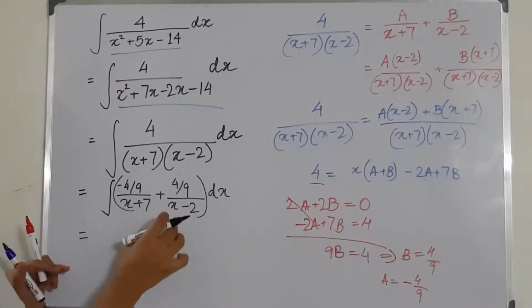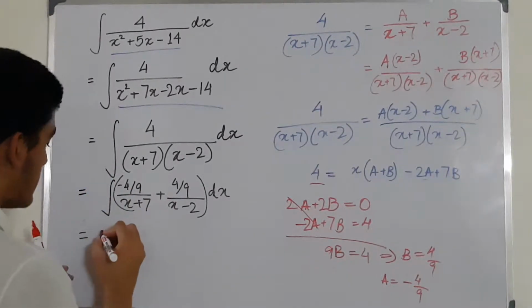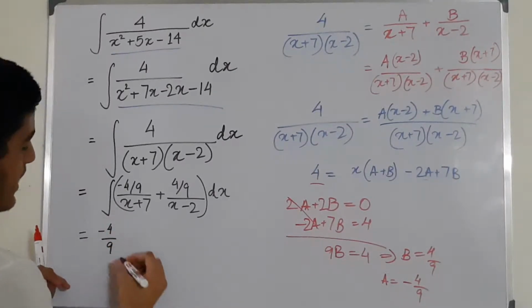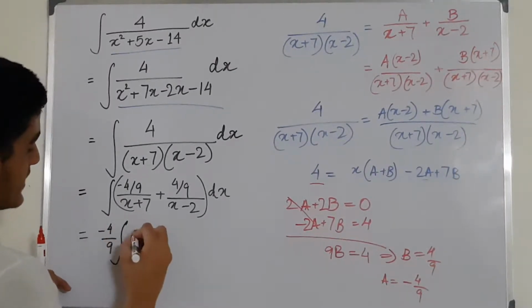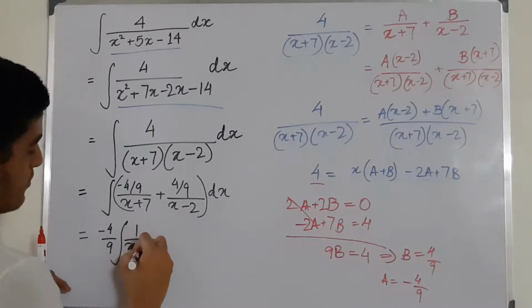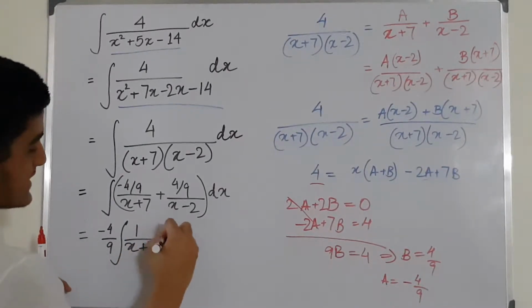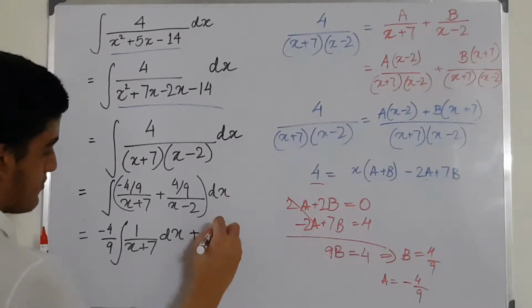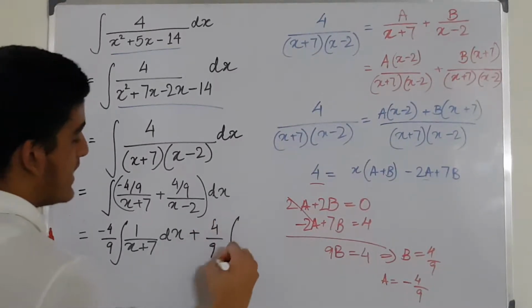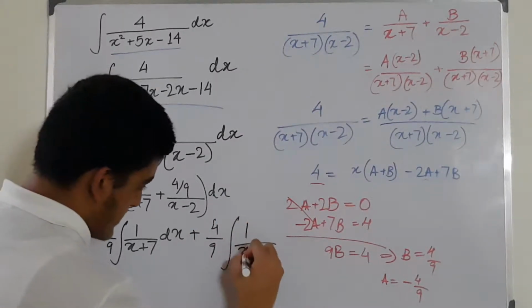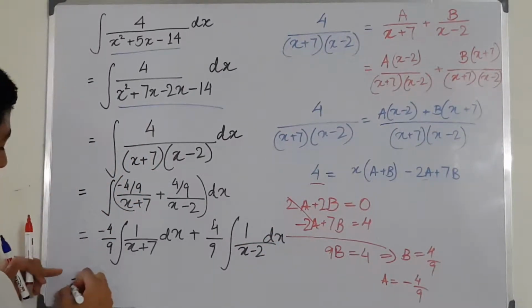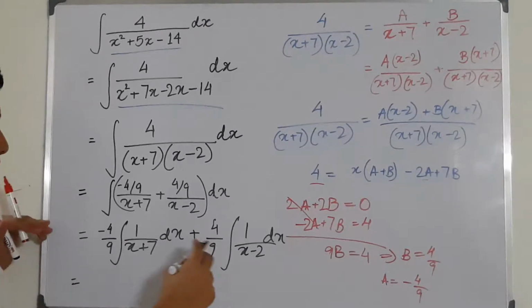So I just split it up into different integrals, and the 4 by 9 being a constant stays out of the integral, so I have 1 by x plus 7 dx plus 4 by 9 multiplied by 1 by x minus 2 dx. Now this is just simple integration.